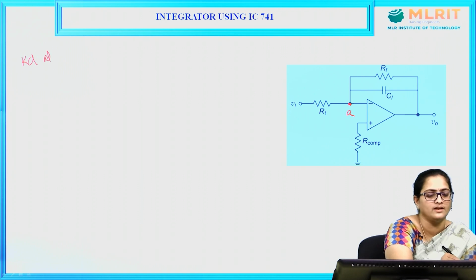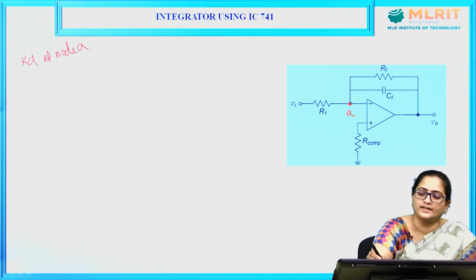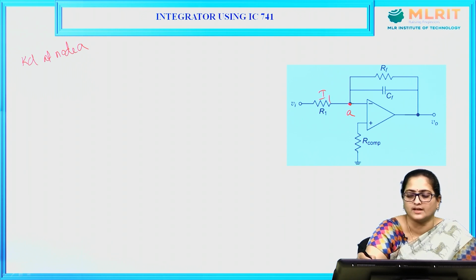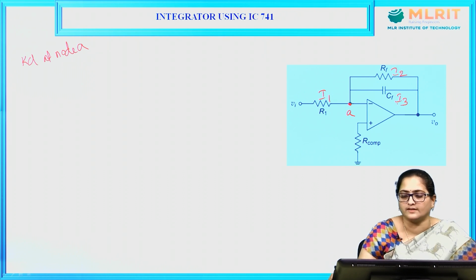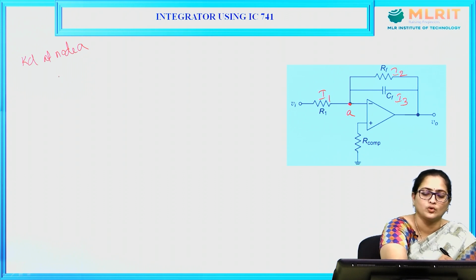Applying KCL at node A, let us assume the current across R1 is I1, the current across RF is I2, and the current across the capacitor is I3. By applying KCL at node A, you can write I1 is equal to I2 plus I3.